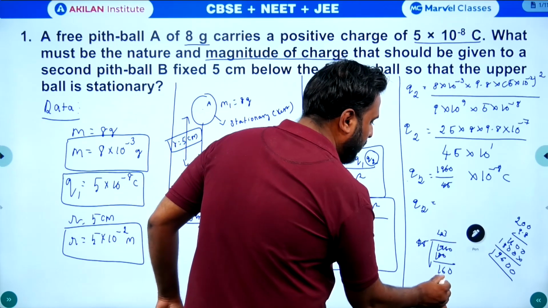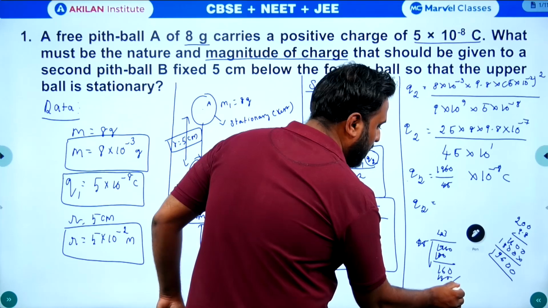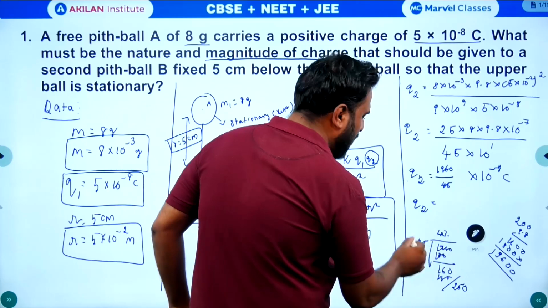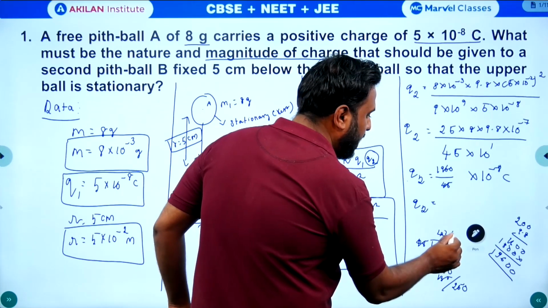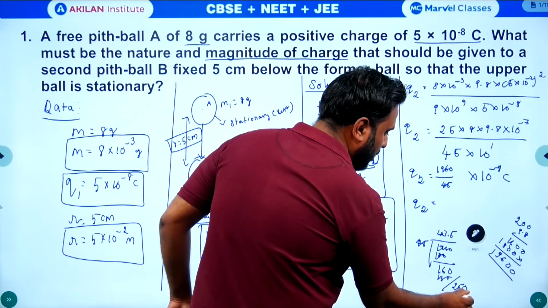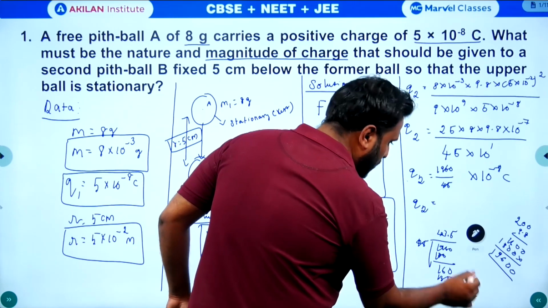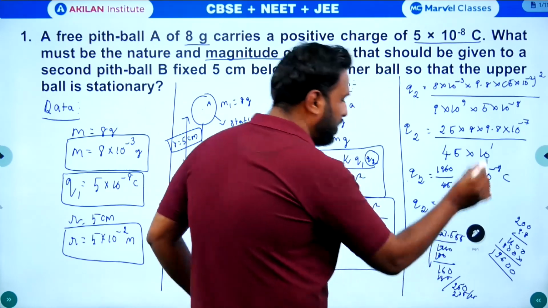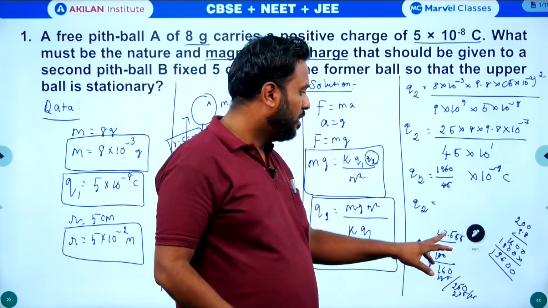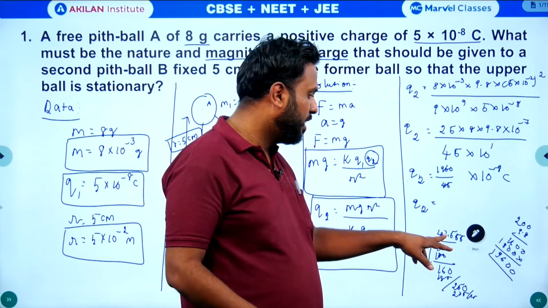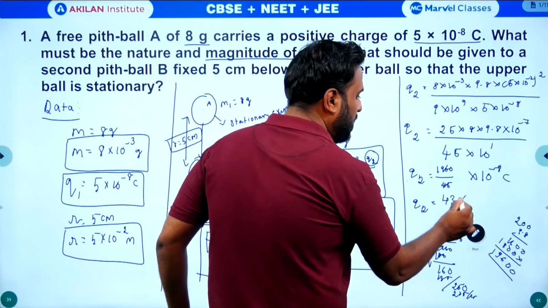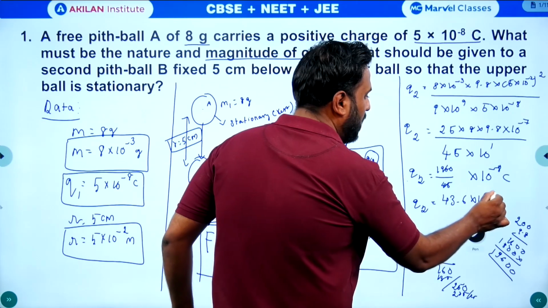For 135, it becomes 25. So we put this 0 and make a decimal here. How many times will it go? 5 times. It becomes 225 and 25 will come, and finally it goes like this: 43.5555. When we round this value, as per significant figures studied in 11th, we can keep 43.6. So the answer is 43.6 into 10 to the power of minus 8 Coulomb.